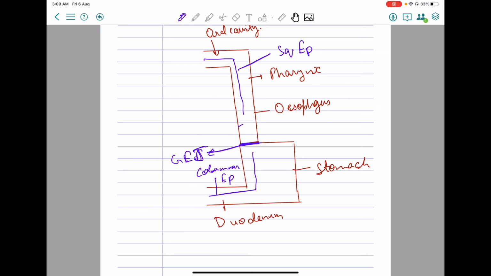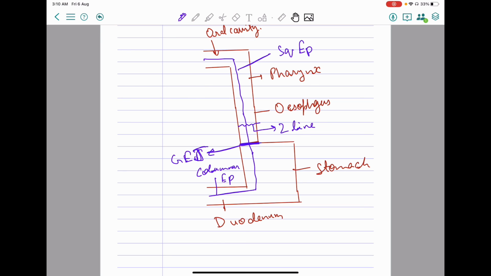Where these linings meet at this point, what is this point called? It is the Z line. The point where the squamous epithelium of the oral cavity side and the columnar epithelium of the small intestine and stomach side meet is the Z line.